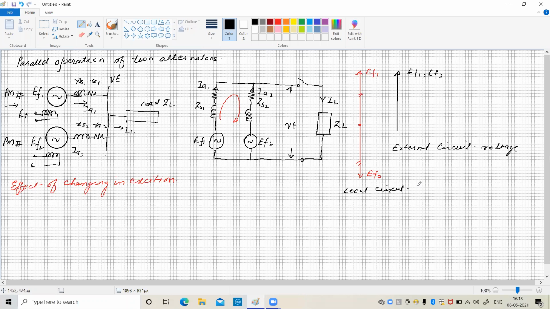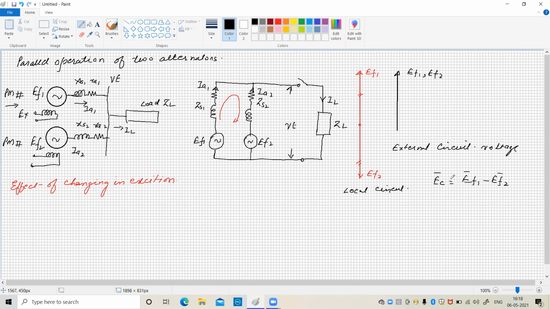Now suppose by any change in the parameter, what happens? The EF1 and EF2 will not be same. Definitely EF1 may be greater, EF2 may be greater, and under such condition some circulating voltage is going to develop, and that is EC is equal to EF1 minus EF2 or EF2 minus EF1, whichever is the greater value. This voltage exists in the local circuit.